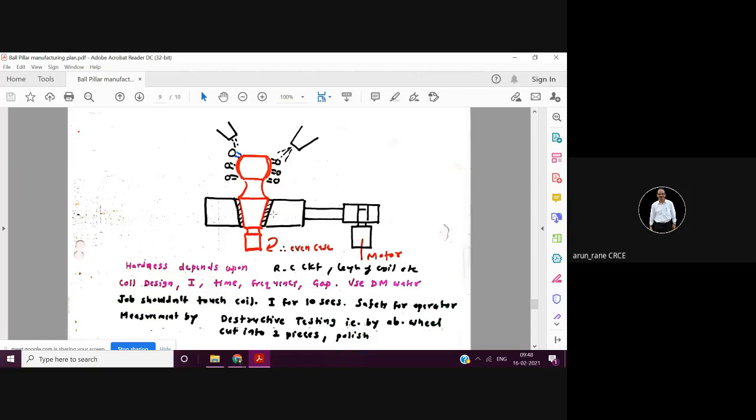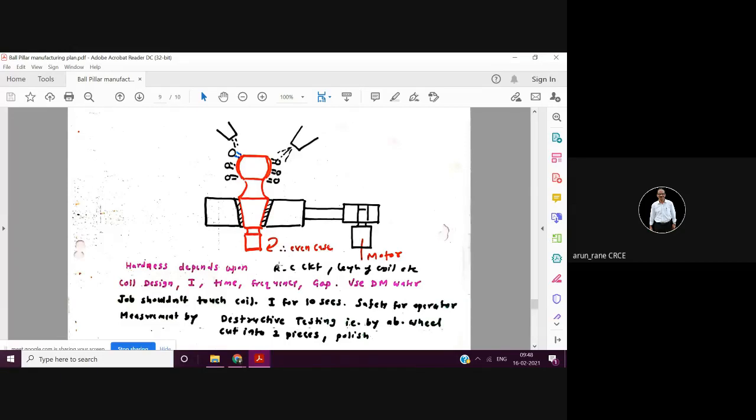So if you have a batch of 5,000 pieces, and if you run the shop in say 24 hours, and if you are getting net say 22 hours, then per hour if you consider 60, so 60 into 20, so around 1200 or 1500 pieces you can get.